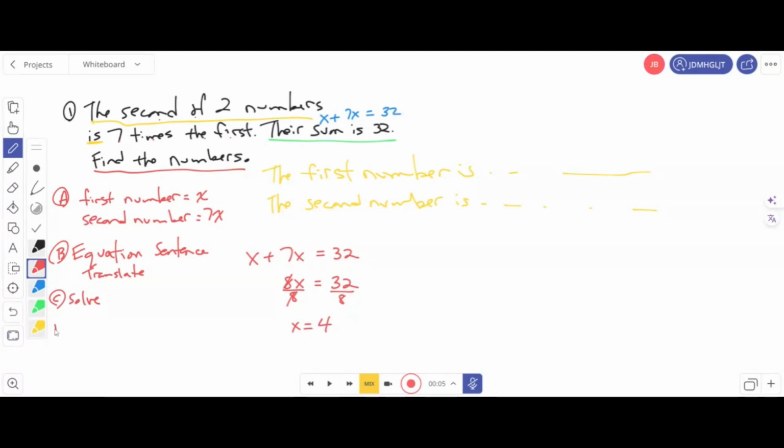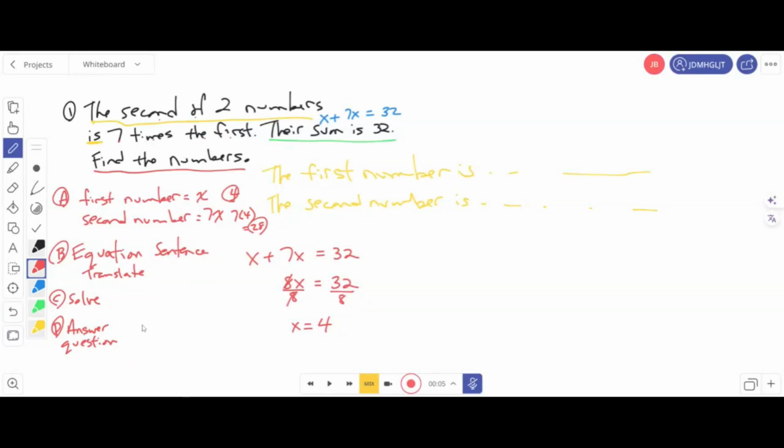4 is not the answer to the question. It is part of the answer, but it is not the answer. The question says find the numbers. Well, if I put 4 in for x, that means the first number is 4, and the second number is 7 times 4, or 28.